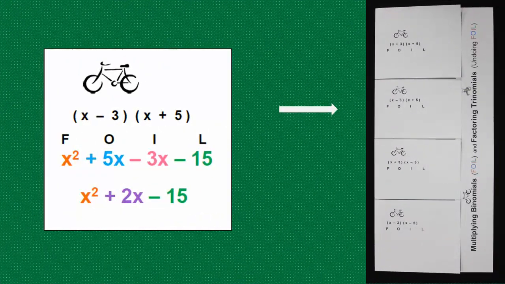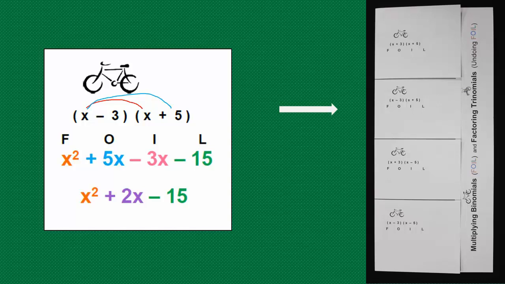The next pair of binomials is very similar, except this time we have x minus 3 in the first binomial. We will use the FOIL process again. So first times first is x squared, and that goes under the F. And then x times 5 are the outsides again, and that goes under the O, 5x.